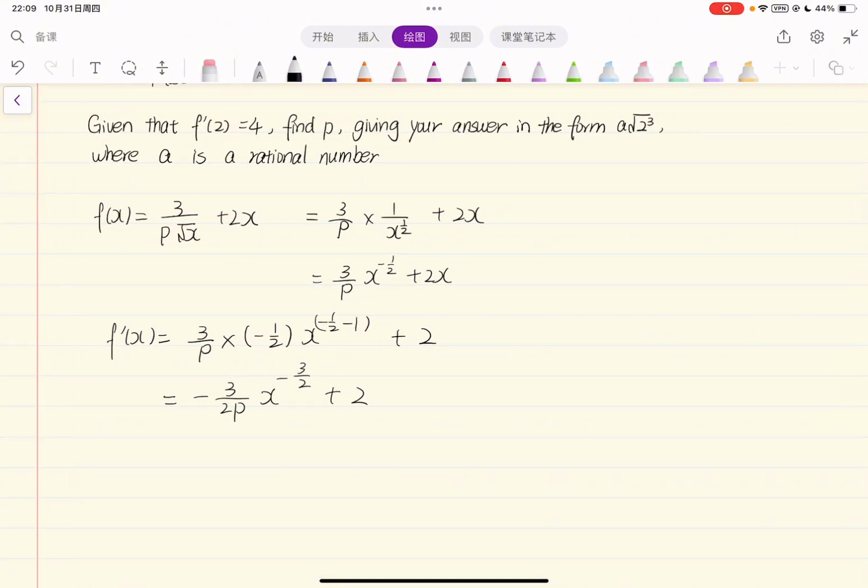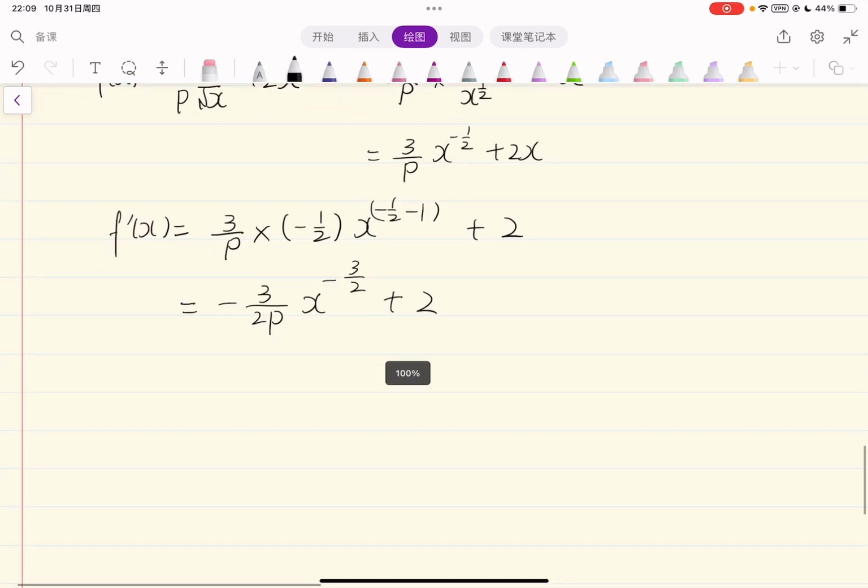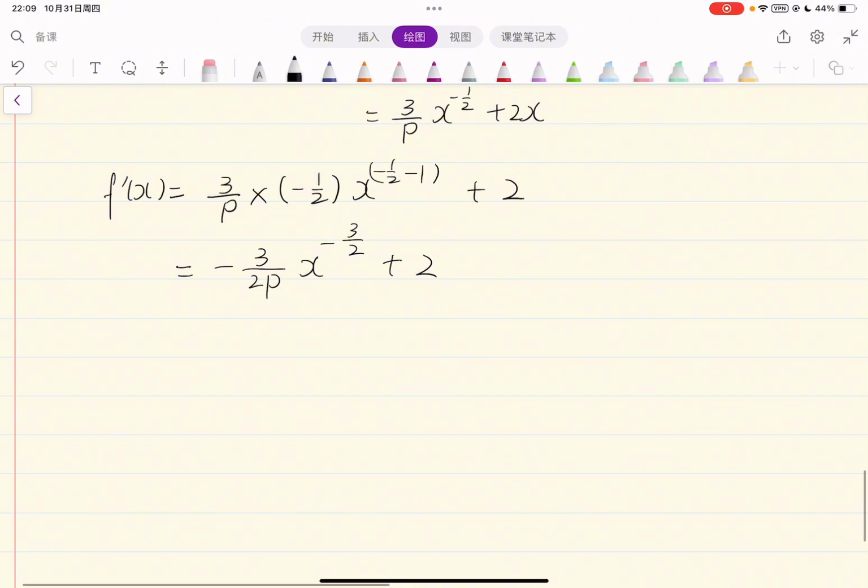Given that if x equals 2, the derivative of f(x) equals 4, we can substitute x equals 2 into the derivative. We have negative 3 over 2p times 2 to the power of negative 3 over 2 plus 2.